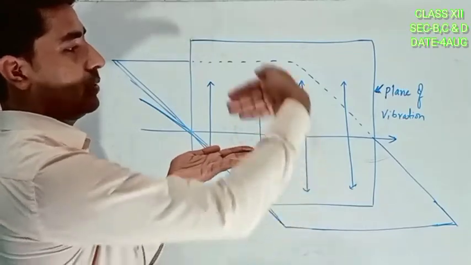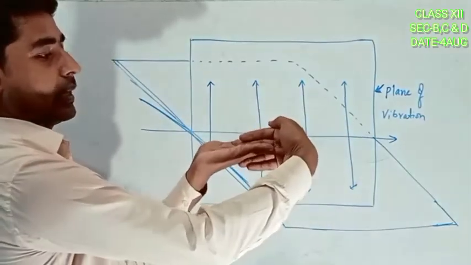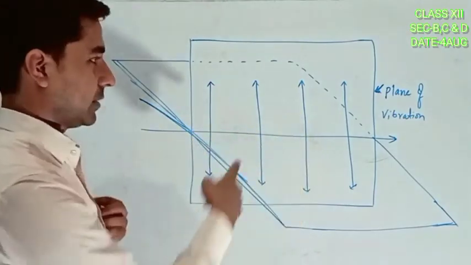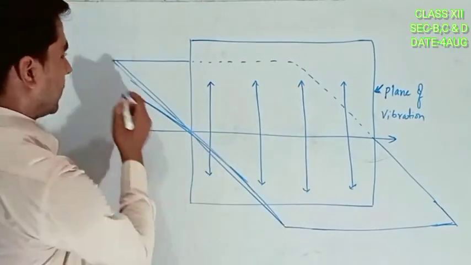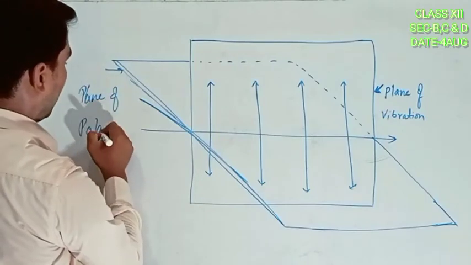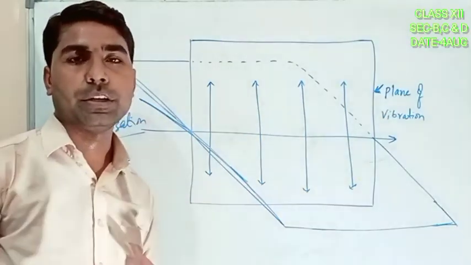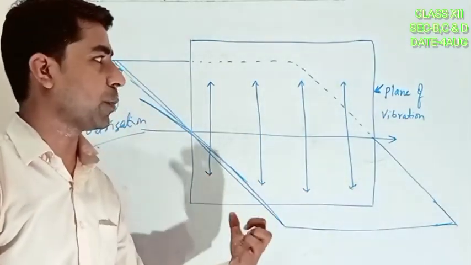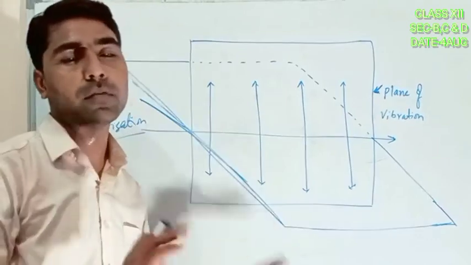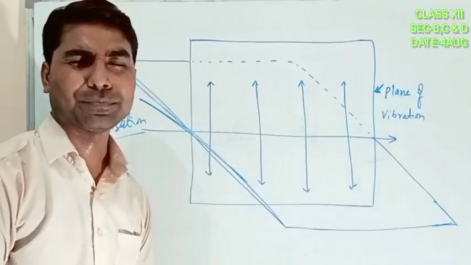So this one is the plane of vibration, and this second one is the plane of polarization. This is just to inform you what the plane of polarization and the plane of vibration are: both of them are perpendicular to each other, and this is the direction of propagation of light.